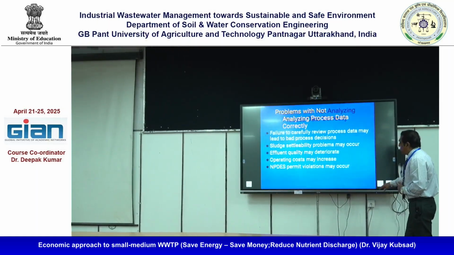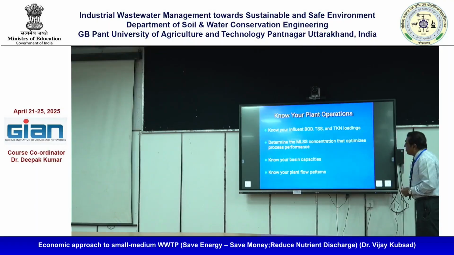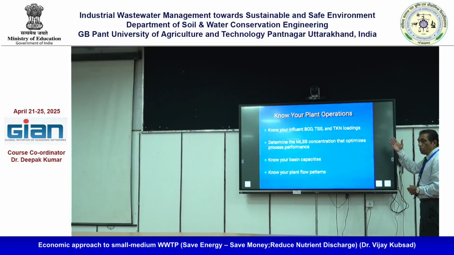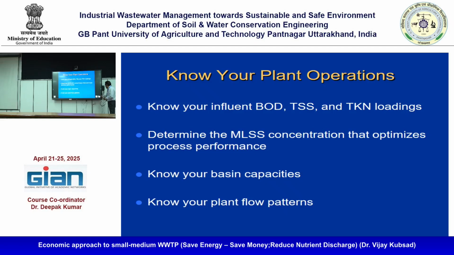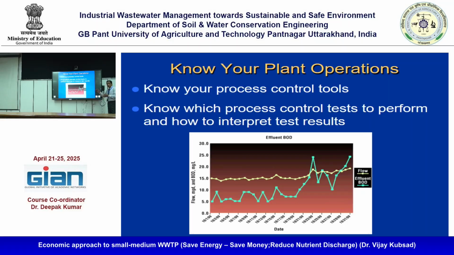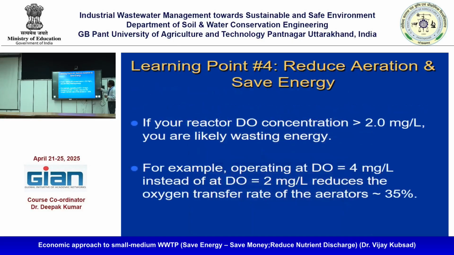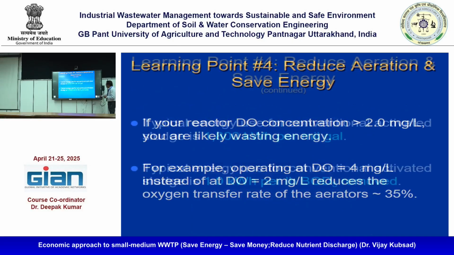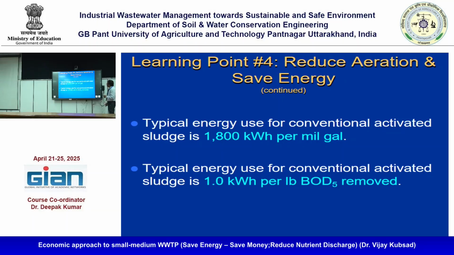So failures, we have talked a lot about the failures. Then you should know about your plant, what we have already discussed so much. You should do a trend analysis, understand the relation between the flow and other parameters, and how it changes. This we have already talked about.